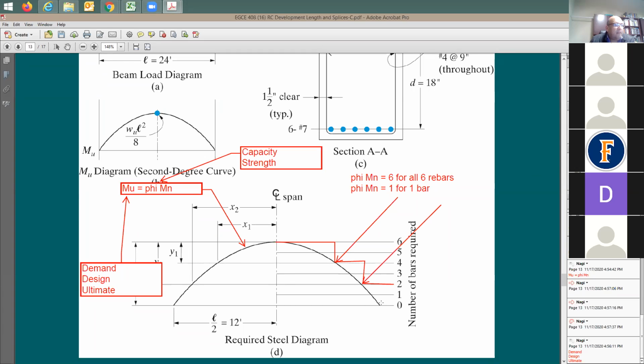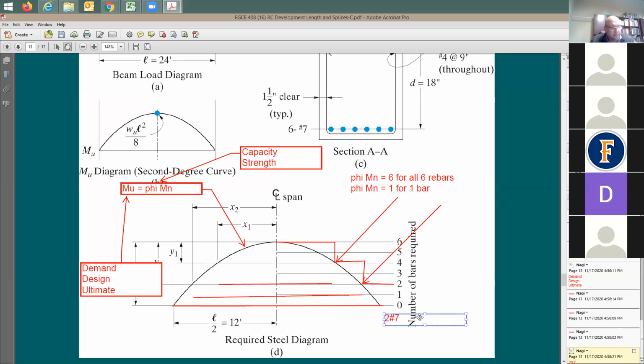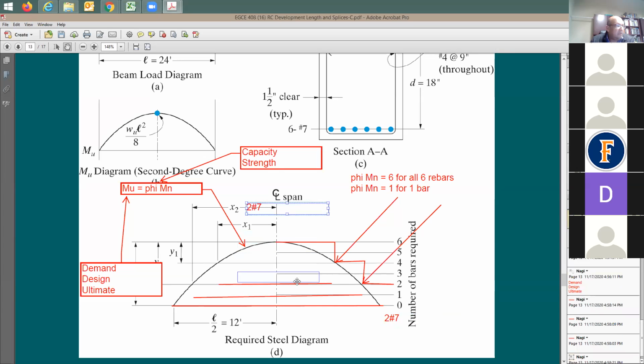Meaning, just theoretically, I may put from here to there 2 rebars, and from here to here I'm going to put only 2 rebars. And from here to here, I'm going to put an additional 2 rebars. So in here I have 2 number 7. And this gives me 2 number 7.